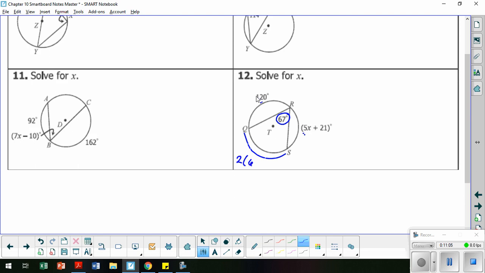If we do 2 times the 67, we're going to get 134, which is the arc. So we know that 360 is equal to 120 plus the 134 plus the 5x plus the 21.